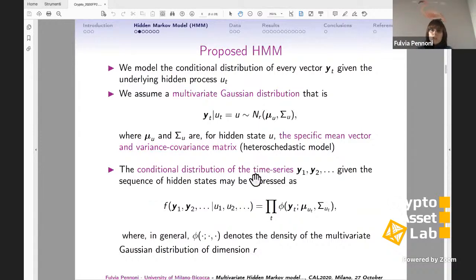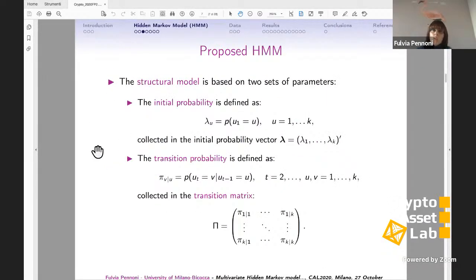The conditional distribution of the time series y_1 to y_T given the sequence of hidden states is expressed as the product of the single density functions, and what we can also estimate are the initial probabilities, defined in the notation as lambda_u and collected into the vector lambda, and the transition probabilities, defined as pi_v given u and collected into the transition matrix, which is a K by K stochastic matrix.